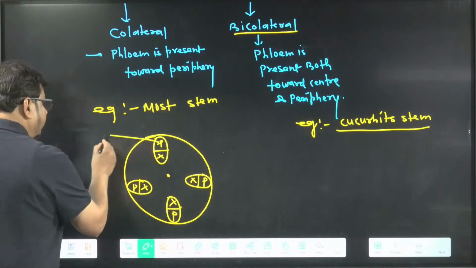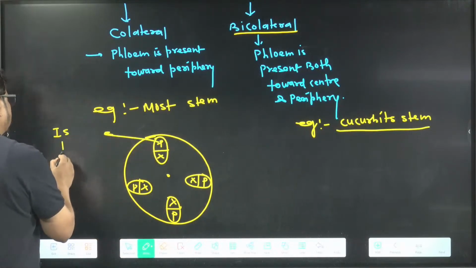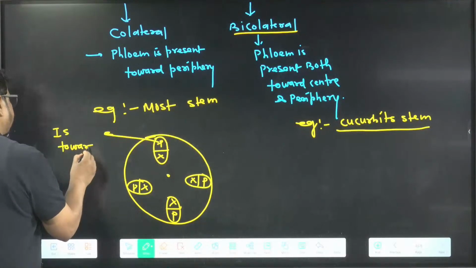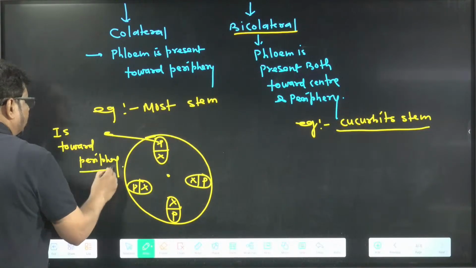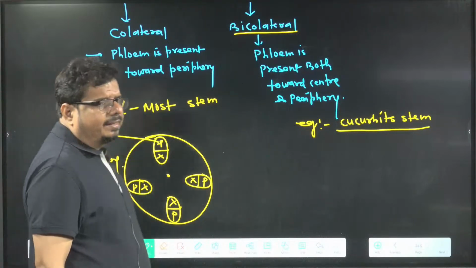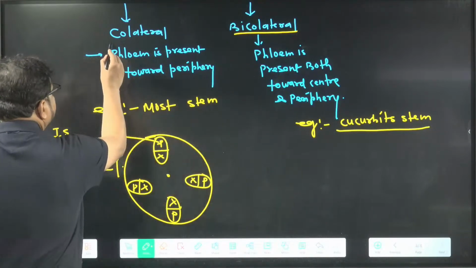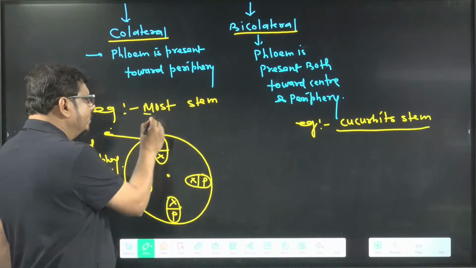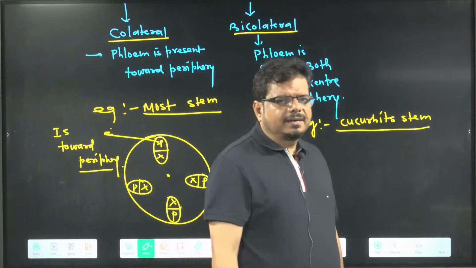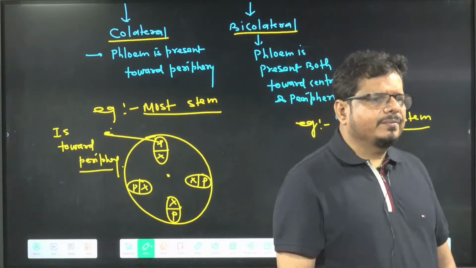Here phloem is toward periphery. So when phloem is toward periphery, which kind of arrangement is this? Collateral type of arrangement. In most stem you will find this arrangement. Understanding the idea? Phloem is in periphery.